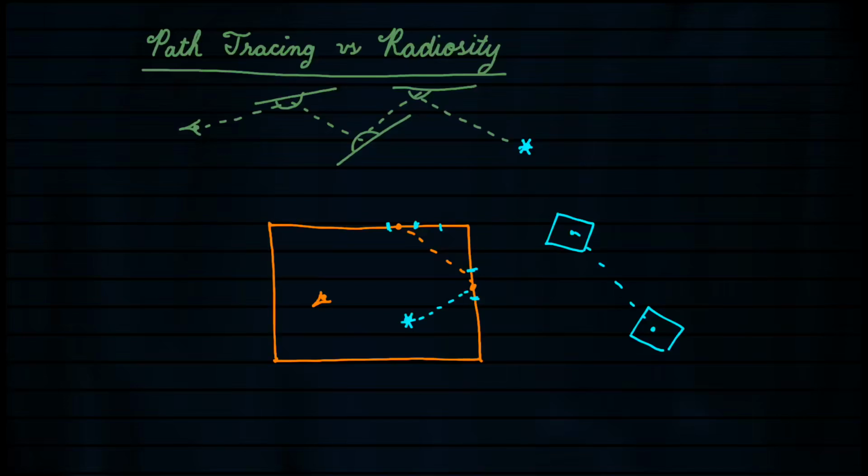So we'll normally subdivide this into patches, and then we'll simulate light transport between all of the patches. So maybe you want to see this patch to this patch, this patch to this patch, and you can tell this is not extremely efficient, but it actually produces some pretty nice results.